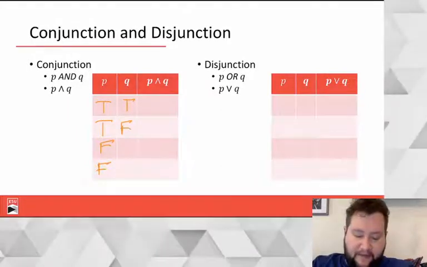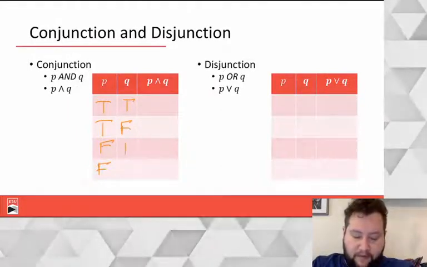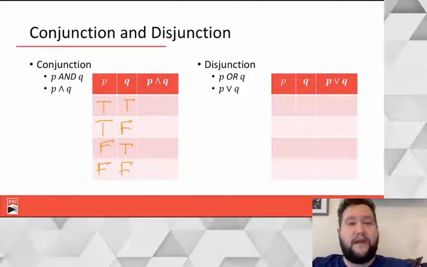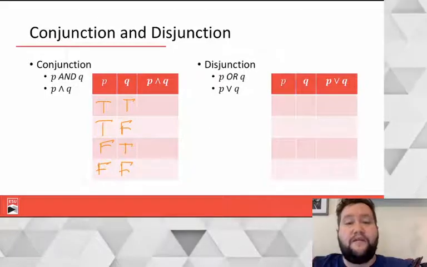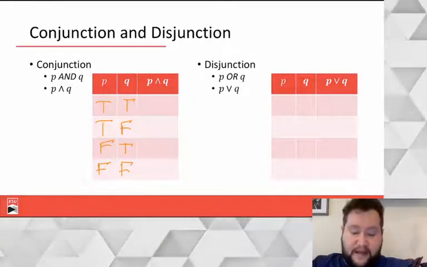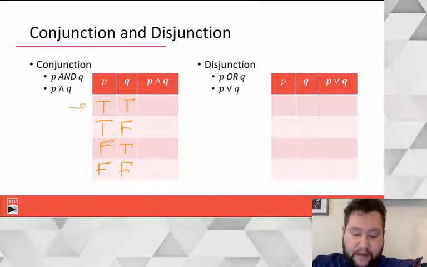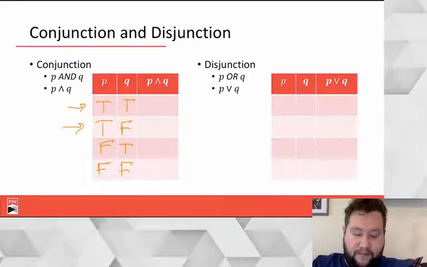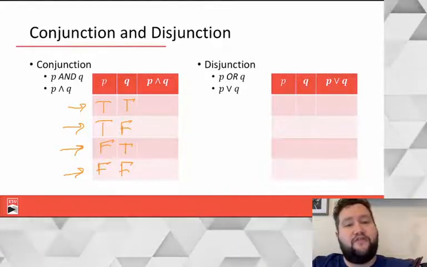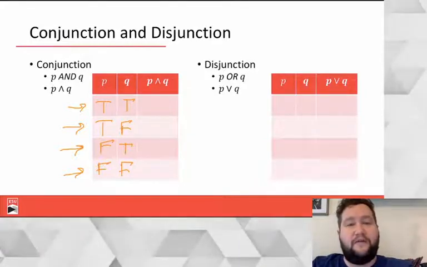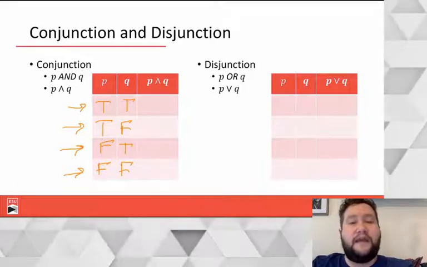And if P is false, Q could be true or Q could be false, right? So for two statements, P and Q, there are four possible combinations: they're both true, P is true and Q is false, P is false and Q is true, or they're both false.